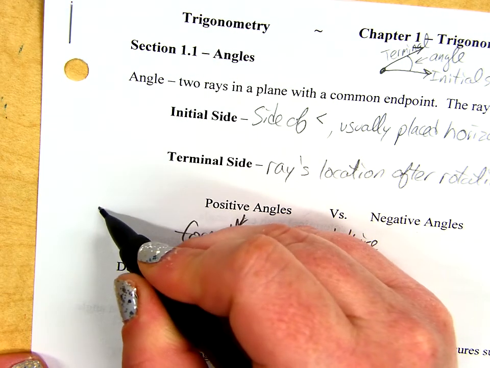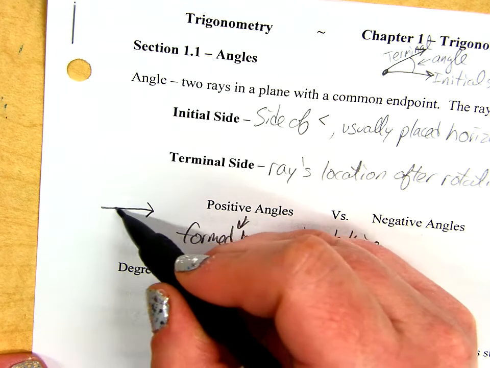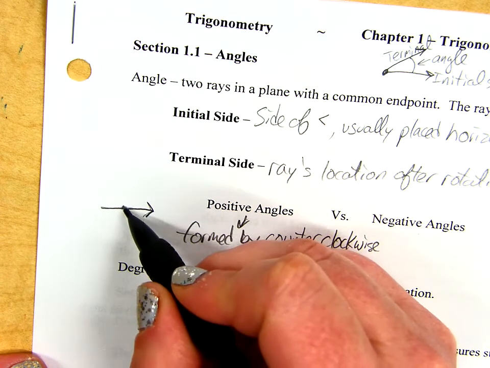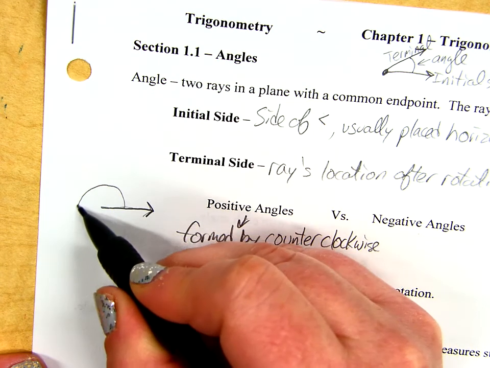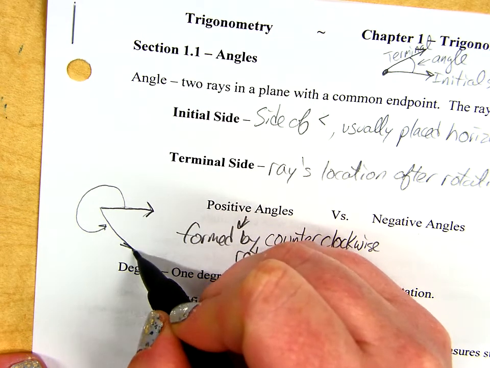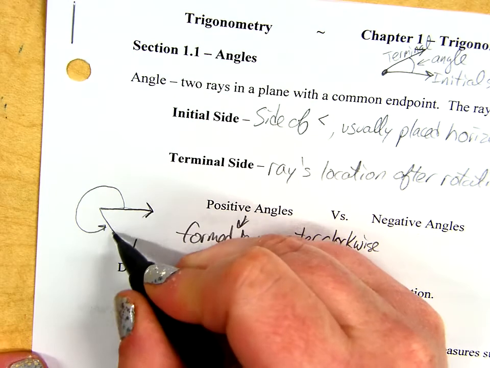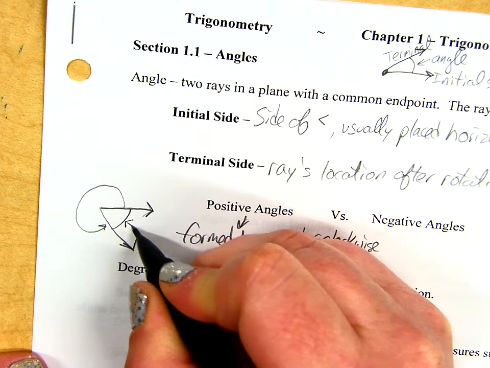Okay, so watch this. There's my initial side. Imagine I had another ray right on top of it. If I took that ray and I rotated it so far that it ended up, say, here, I have now created a negative angle. So hold on, this here would be my negative angle.